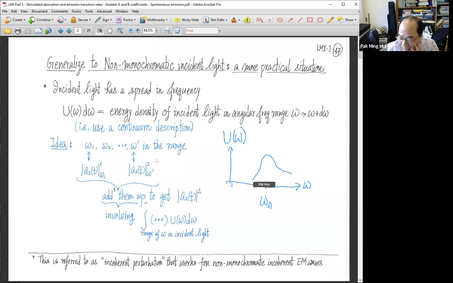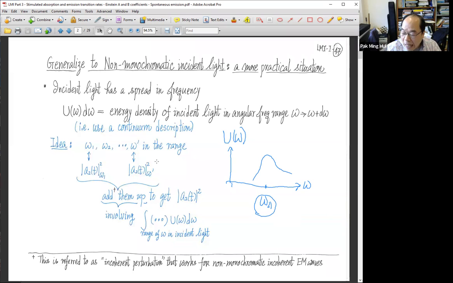Okay, so it has a distribution of frequency over this particular one that I would like to make use of. I draw it very broadly, but realistically, it could be narrower.